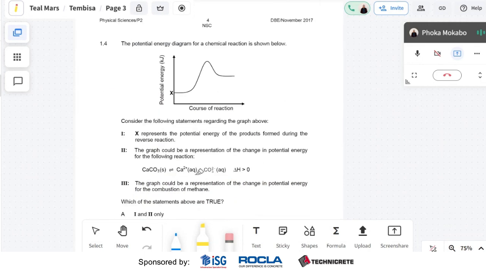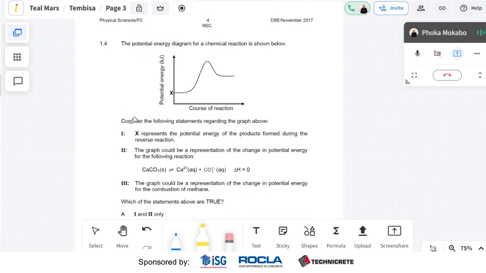And like I said, we're going to read this twice. First, to understand which section we're in, and then secondly, to understand what it is exactly that we're supposed to do. They say the potential energy diagram for a chemical reaction is shown below. Okay, now if you look at the picture, this falls under energy or thermal energy as part of a section, and they're basically asking us to analyze the graph and to answer the question about it below.